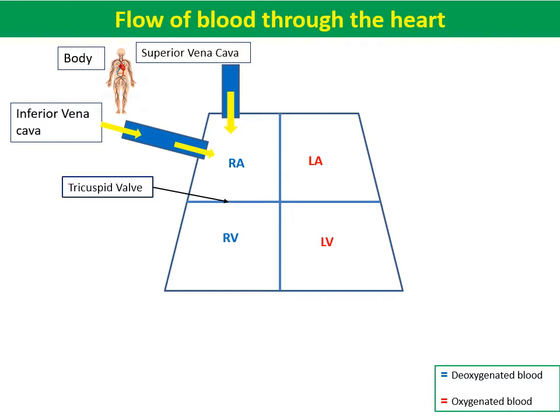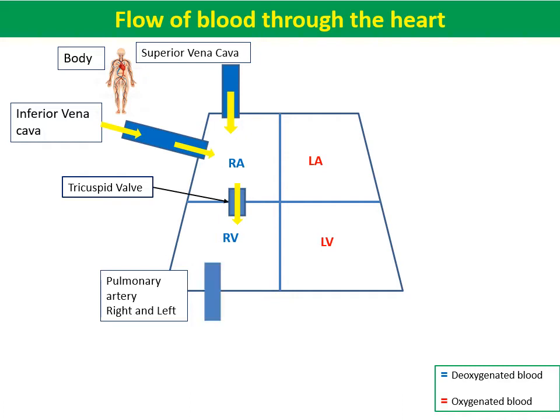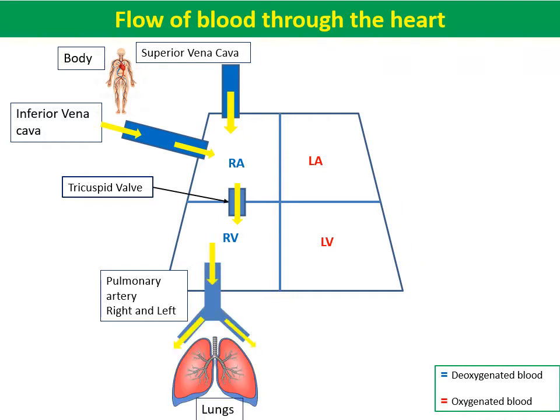From there, the blood goes into the right ventricle through the tricuspid valve. From the right ventricle, the blood is pumped into the pulmonary artery, which again divides into two, the right and the left pulmonary artery, and the blood is taken into the lungs for oxygenation.